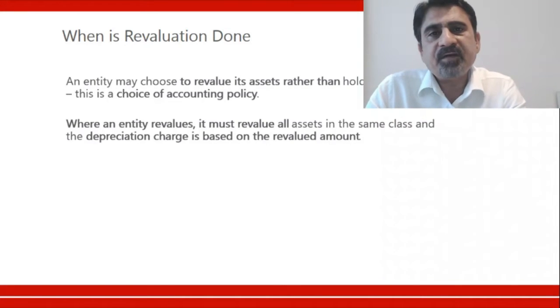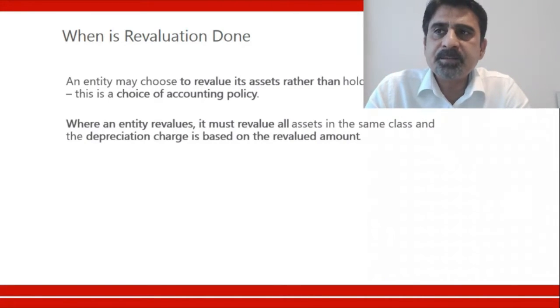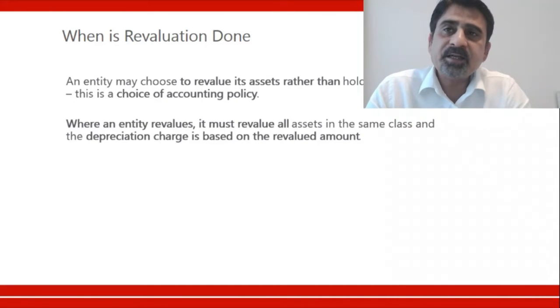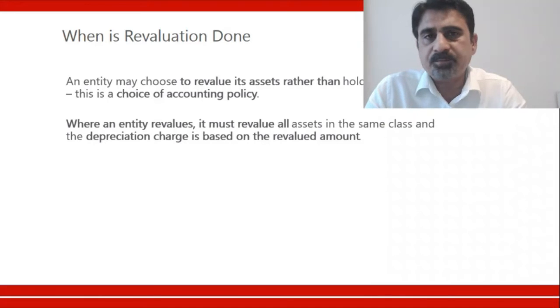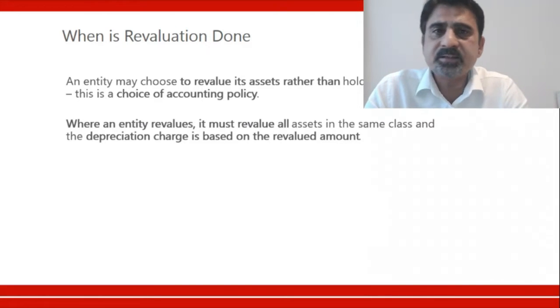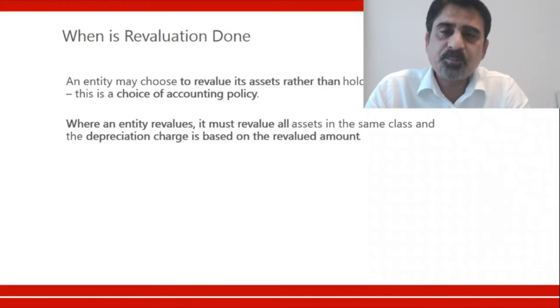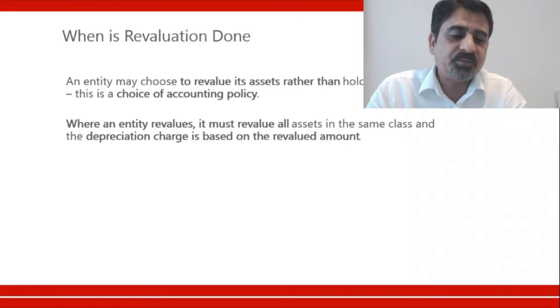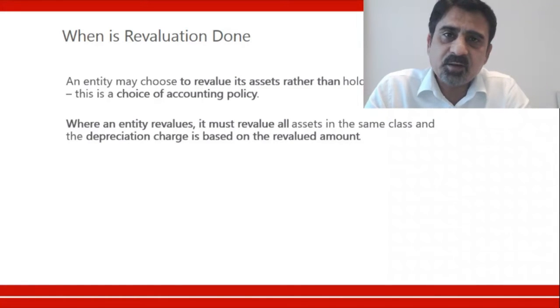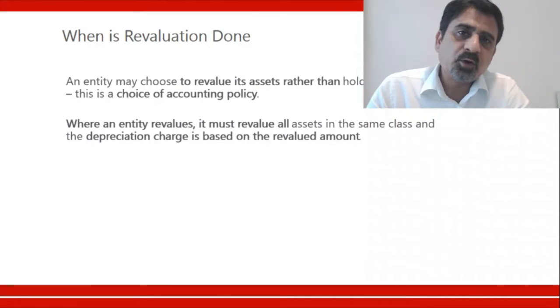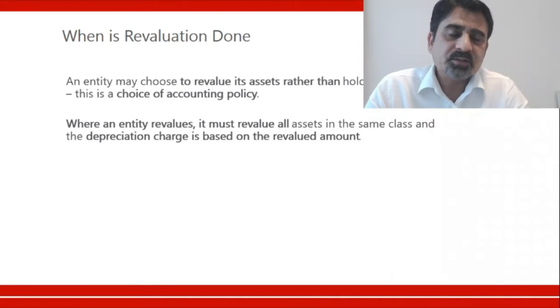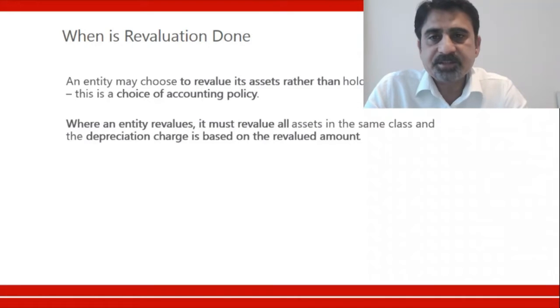For example, if I believe that the property prices have gone up and I must do the revaluation on my property, then I should do revaluation for all of the buildings, not the one building or the two buildings. Whatever properties I have, the entire class will be revalued, and after revaluation you will start charging depreciation on the new cost or the new value, because now you've got a different value in the balance sheet.